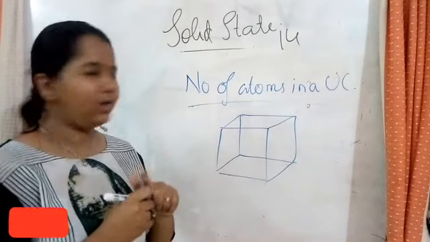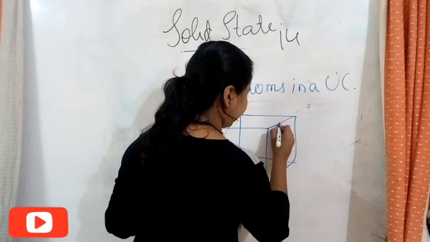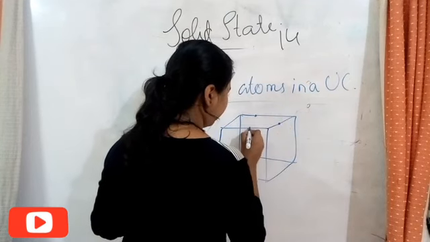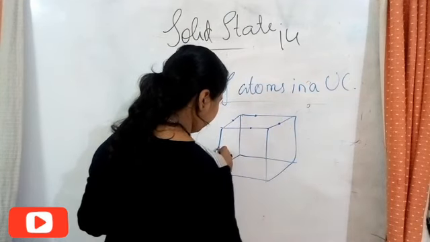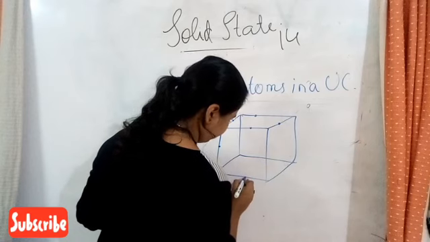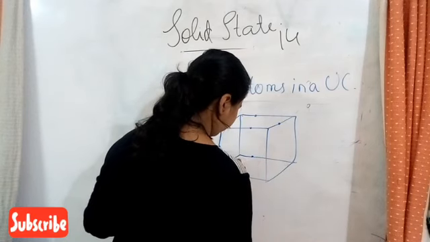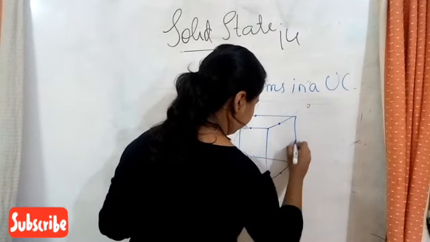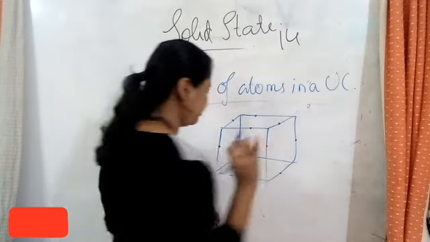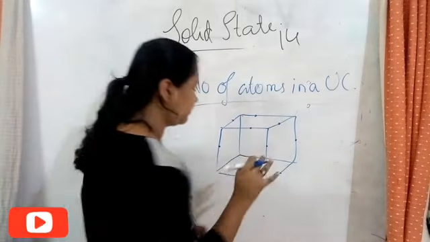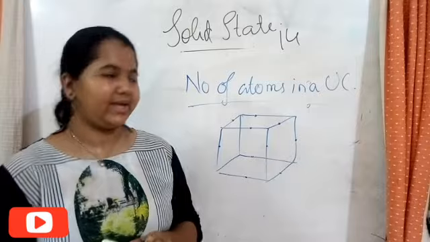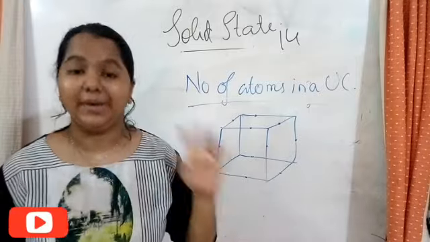So now let's mark the points like this, okay? So what are we doing? I'm going to explain to you how it is divided.